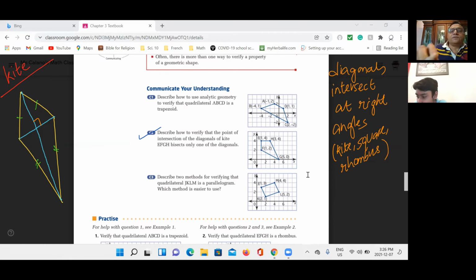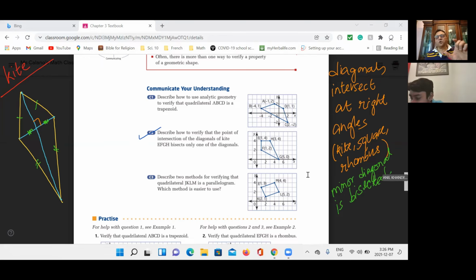Now, in case of a kite, another special thing is that only one diagonal is bisected. Do you see this? The other diagonal is not bisected. One diagonal is bisected. I'll say minor diagonal is bisected. So, sir, there's a minor and major diagonal?